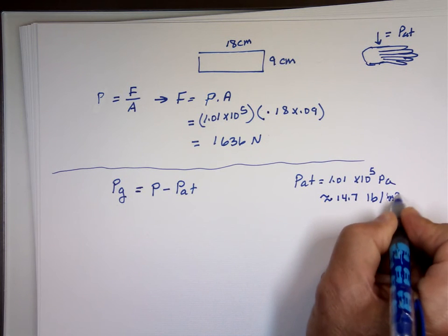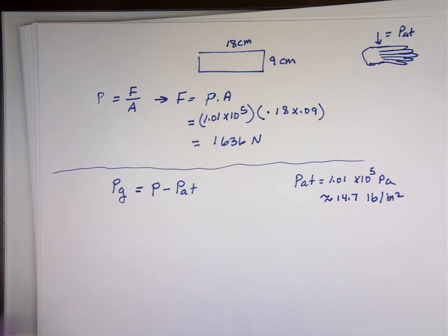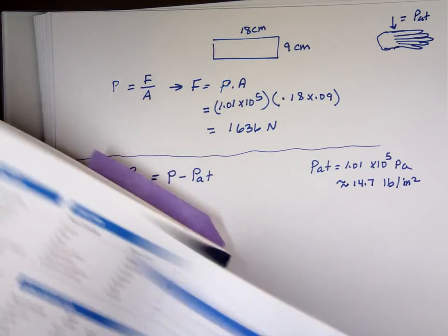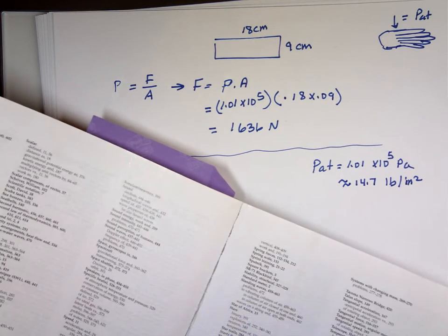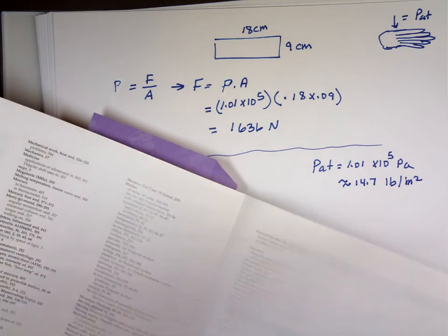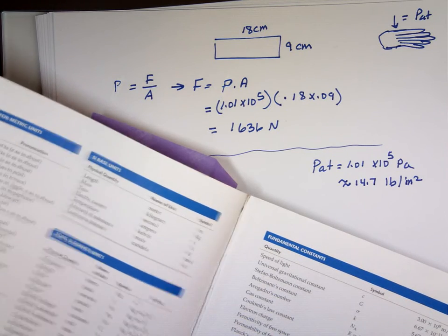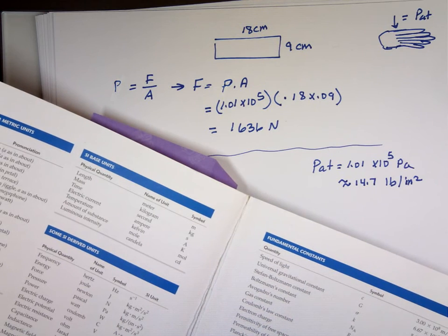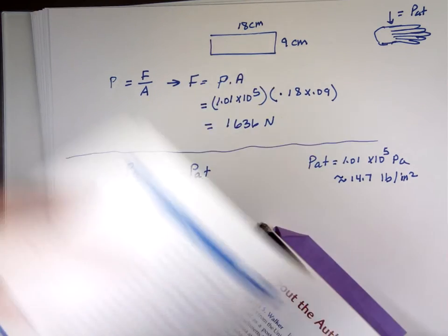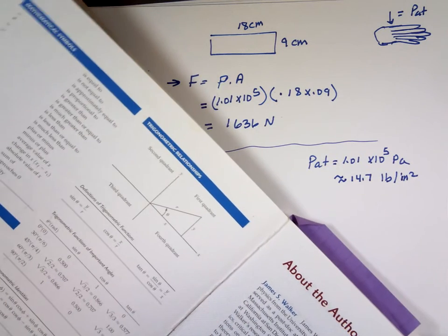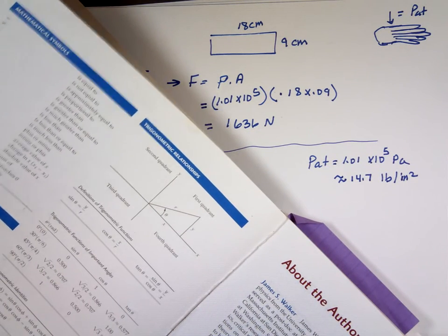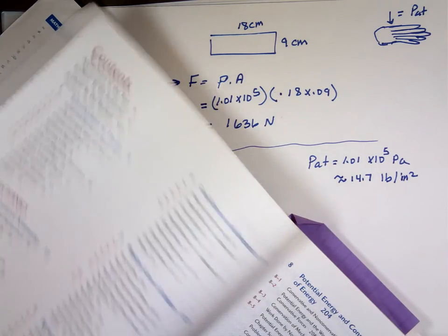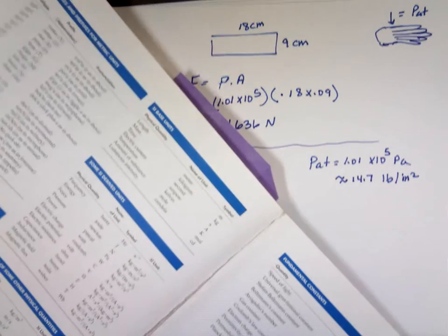I don't have my chart with me. Let me look for how you convert from atmosphere pressure to pounds per square inch. We can Google that, but that number is roughly 14.7.